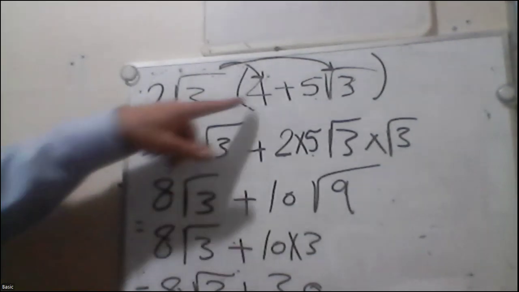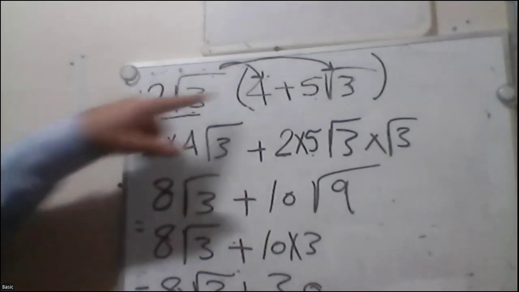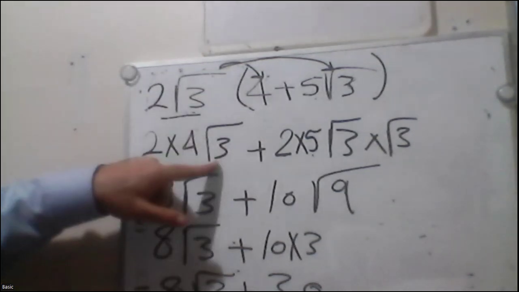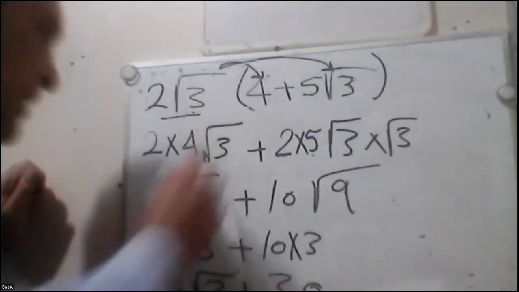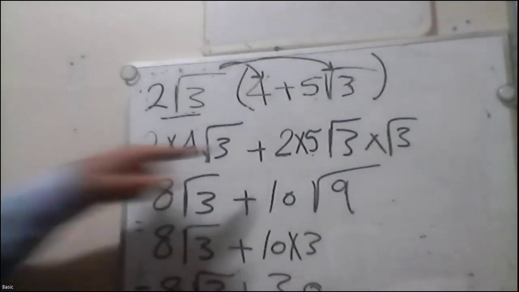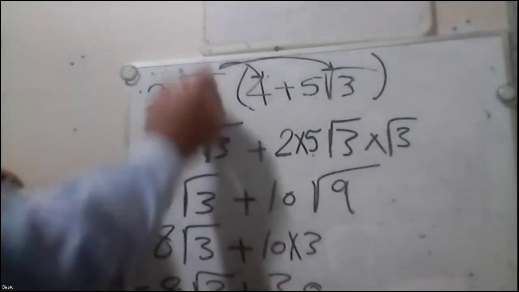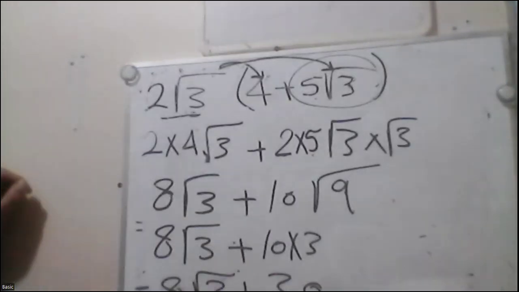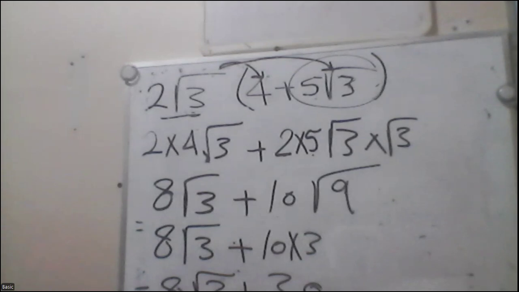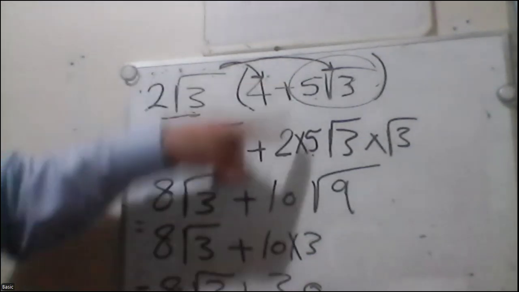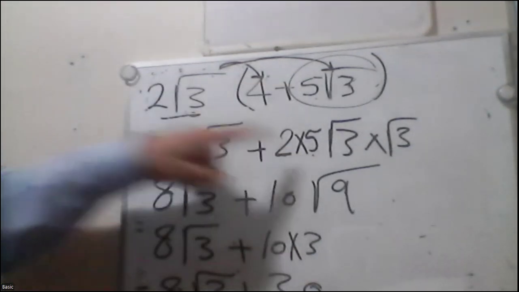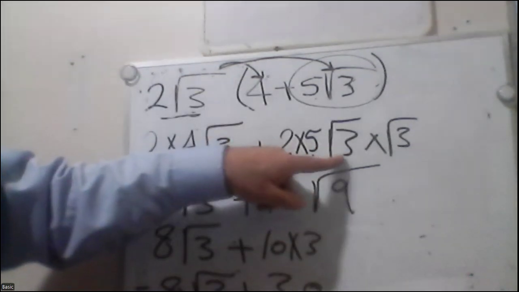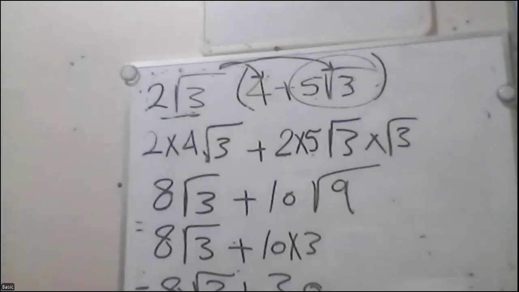When I multiply the first amount, 2 root 3 by 4, it will be 2 multiplied by 4 root 3. Plus the same amount multiplied by 5: 2 multiplied by 5, and the root 3 multiplied by the root 3.